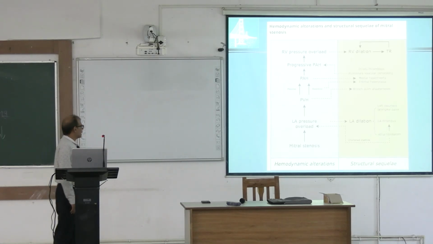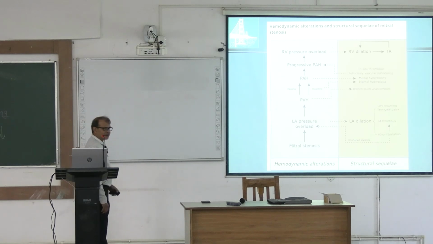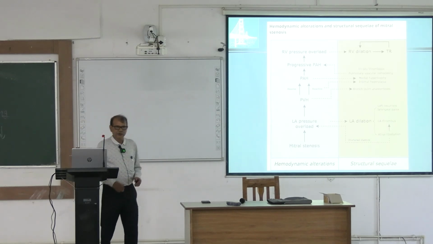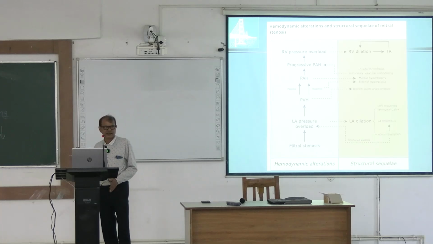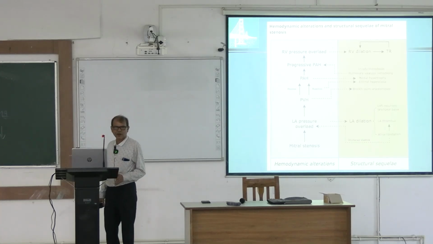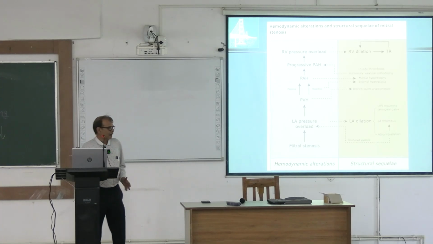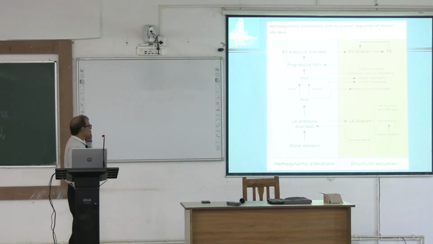On the other hand, development of the pulmonary venous hypertension may produce rupture of the bronchopulmonary anastomosis with the resultant symptom of hemoptysis, and that is also responsible for the genesis of the pulmonary arterial hypertension.